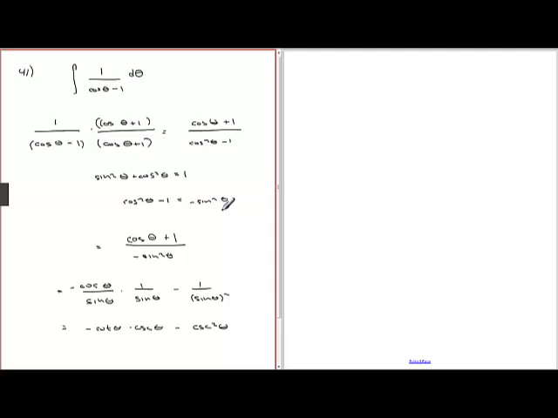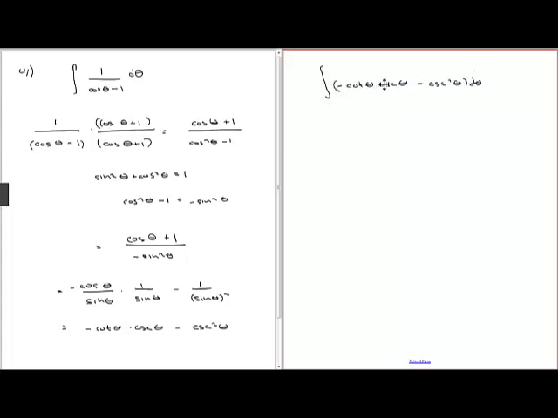I'm just checking to make sure I did it correctly. Okay, so we're good. So our original integral, instead of 1 over cosine theta minus 1, is going to be equal to negative the cotangent of theta, cosecant of theta, minus cosecant squared of theta, the whole thing times d theta. So we just have 2 integrals.